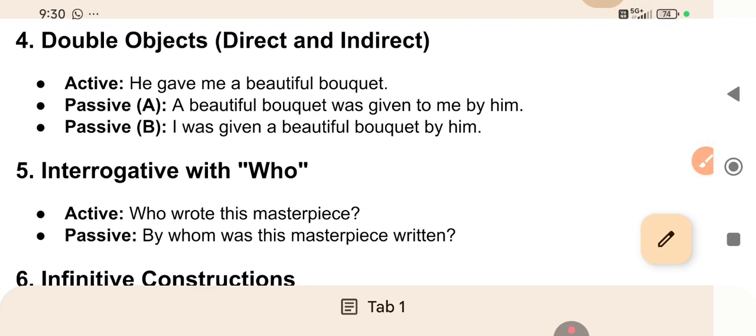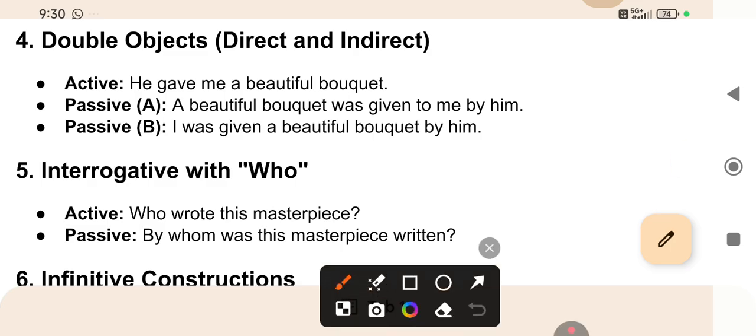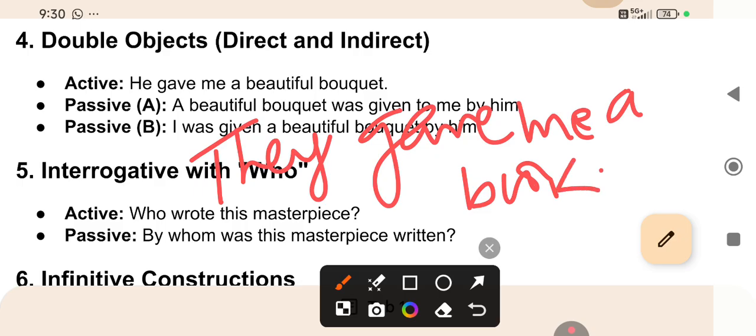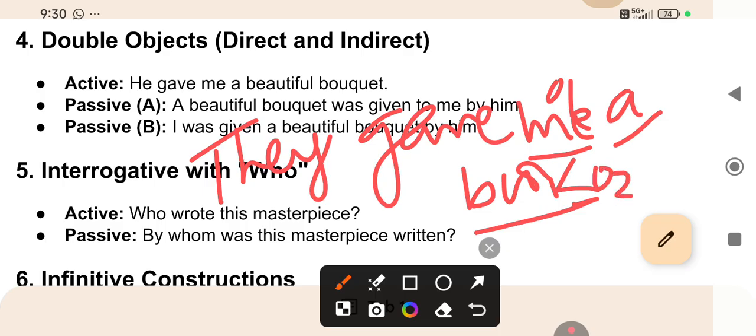They gave me a book. Suppose they gave me a book. Here again, this sentence has two objects, object 1 and object 2. So change this example.